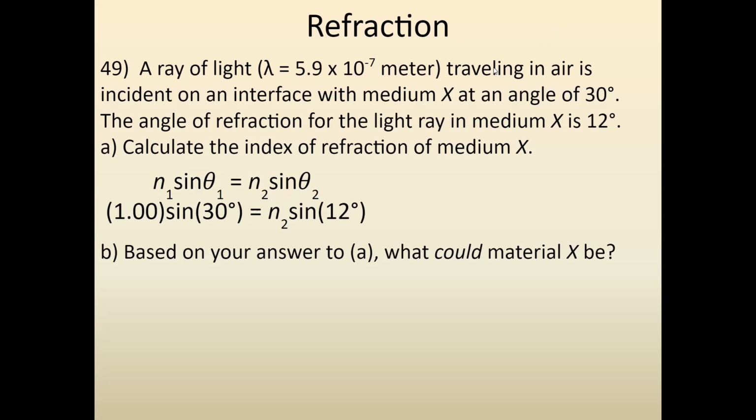It's traveling in air and is incident at 30 degrees, so air and 30 degrees go together. So 1 and 30 degrees, and the unknown medium is 12 degrees, so x and 12 degrees. We solve and we get 2.40, and based off the reference table, this could be diamond, because 2.42 is the only one that's close to it.